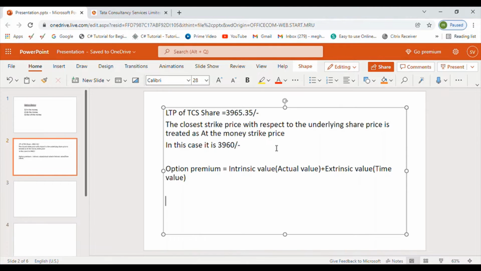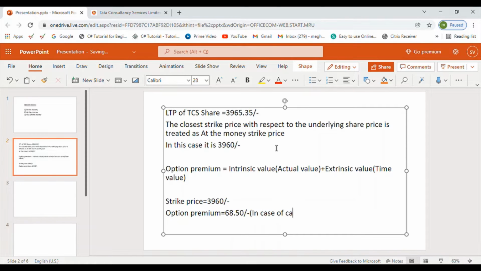Now see, what is actual value, what is time value? Let me take one example. The same strike price, I'll take strike price as 3,960 and the option premium for this contract is 68 rupees 50 paise in case of calls.